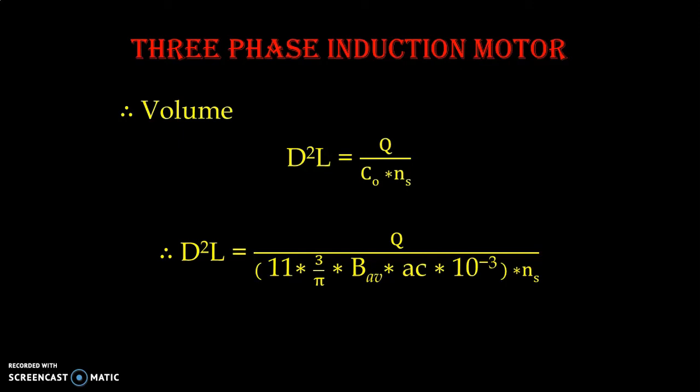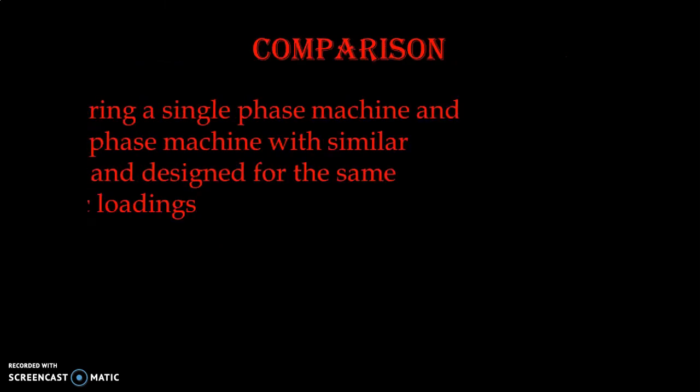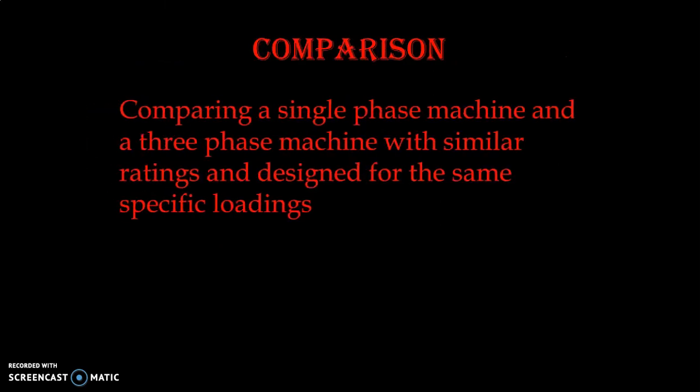Now we do the comparison. We are comparing the size of single phase induction motor with three phase induction motor for similar output. We compare a single phase machine and a three phase machine with similar rating, designed for the same specific loadings.